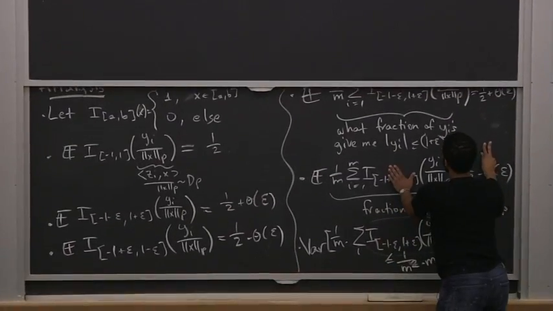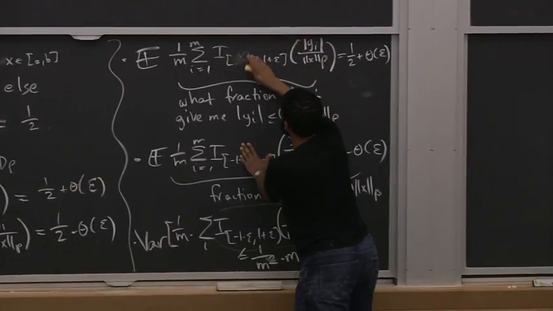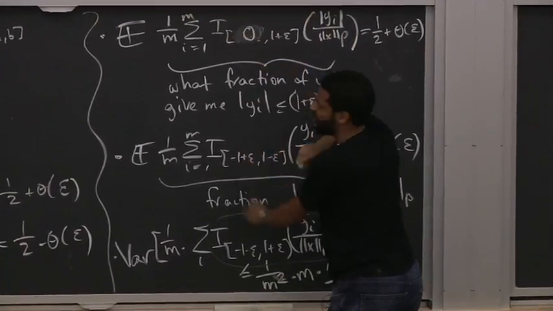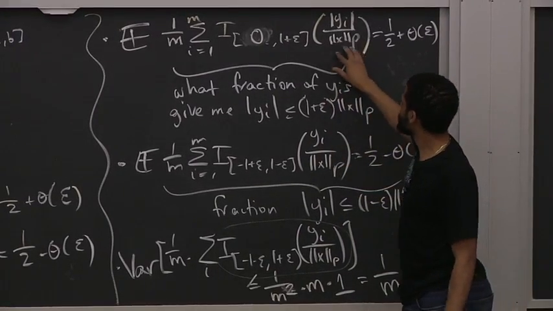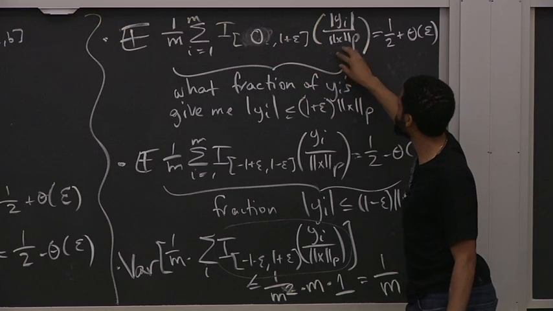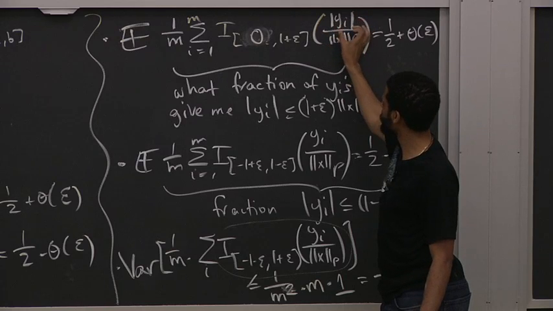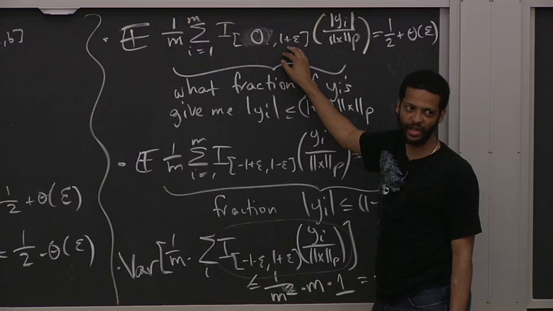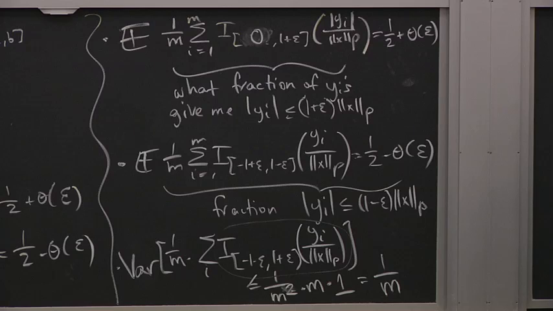This is the same thing as if I put an absolute value of yi here and made that a 0. So for this indicator function to be 1, it means that this thing had to be less than 1 plus epsilon, which means that the absolute value of yi has to be less than 1 plus epsilon times the Lp norm.